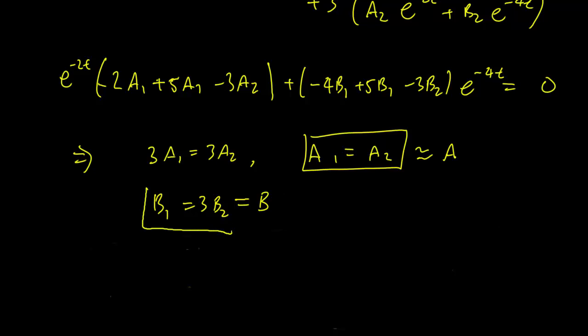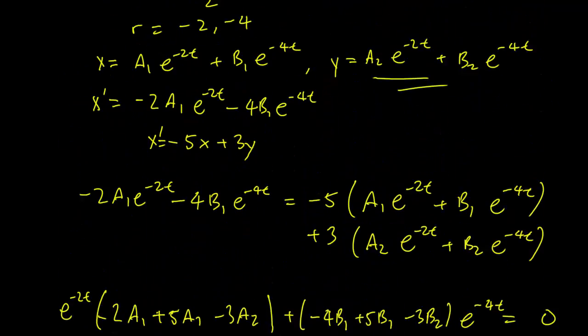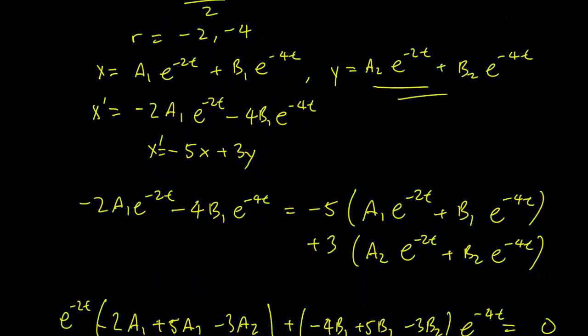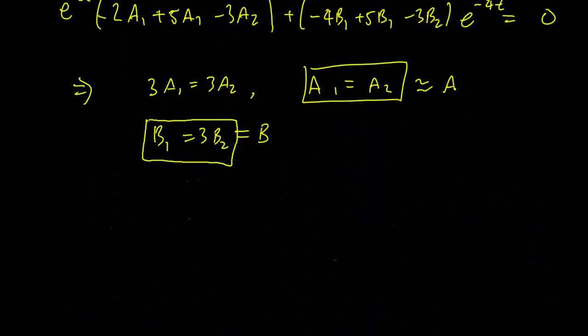And now we can rewrite our general solutions in terms of these constants A and B. So remember that we had x = a1 e^(-2t) + b1 e^(-4t).